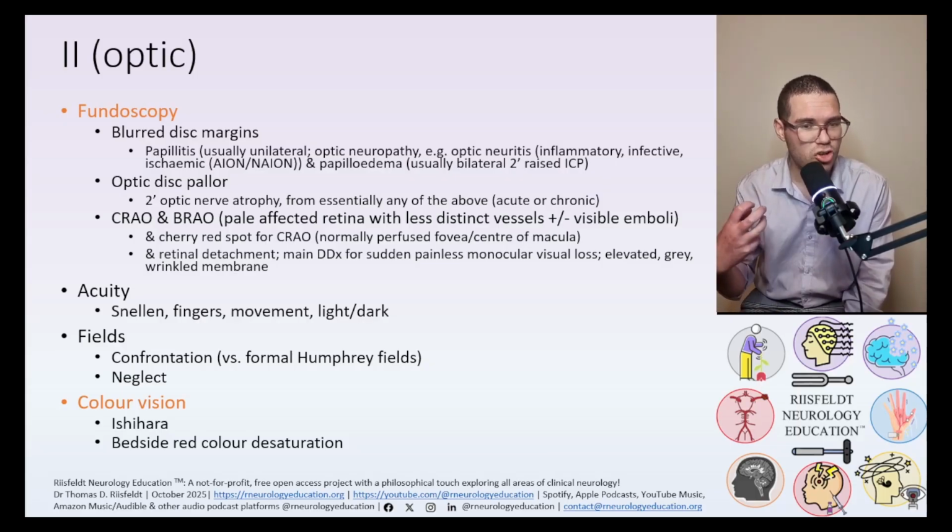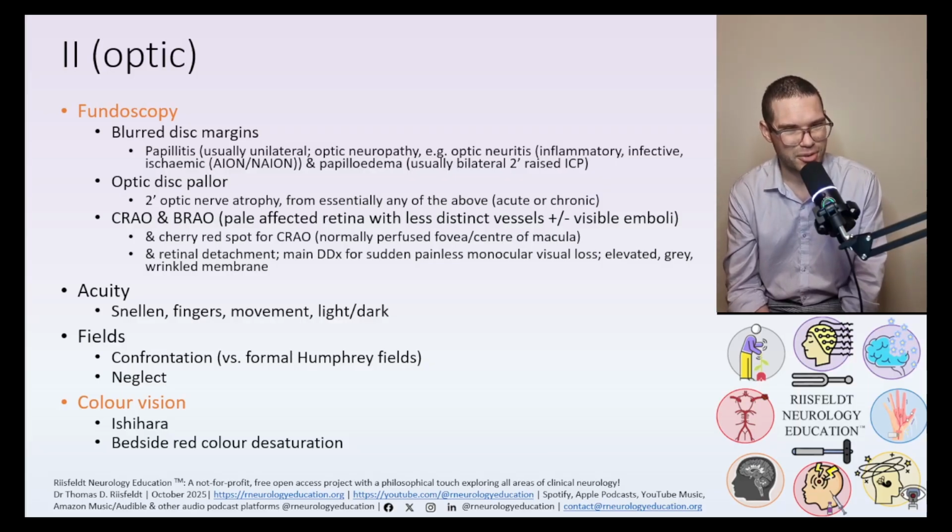Also, you may have heard of the cherry red spot in a central retinal artery occlusion, and that's actually just the normal fovea, which is the central part of the macula, and that's because that part of the macula is supplied by an alternative blood supply. So it's by the choroid, and so that part of the retina does not look white, whereas the rest of the retina does look white.